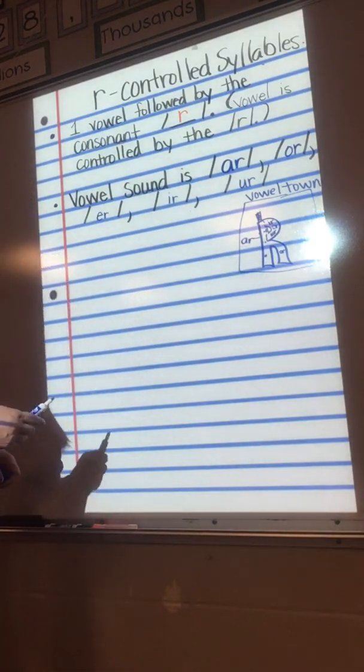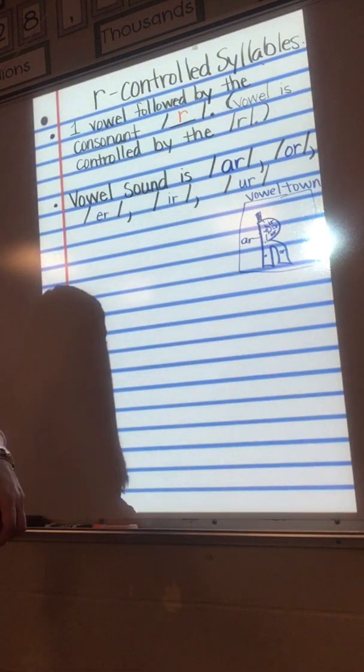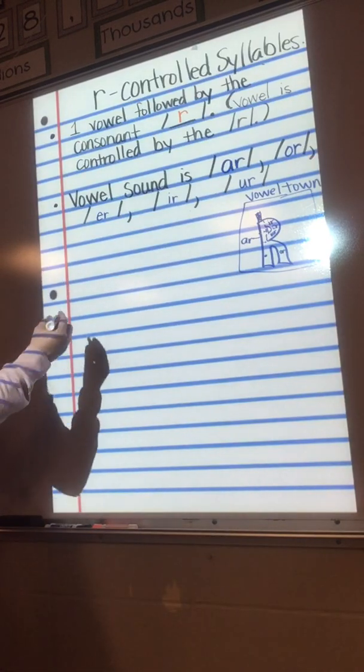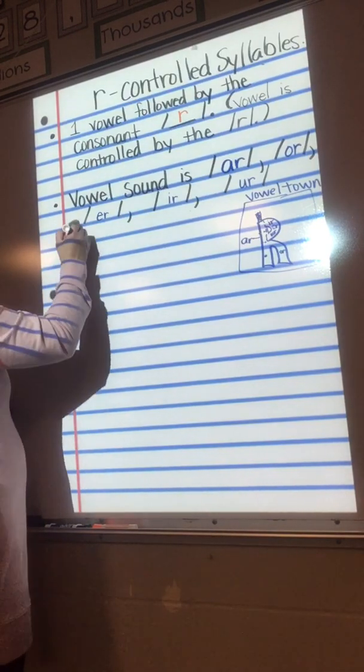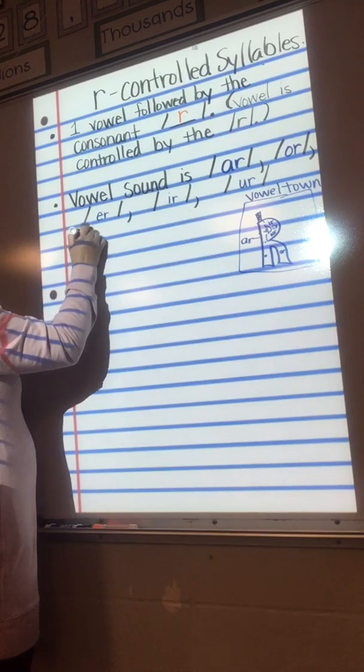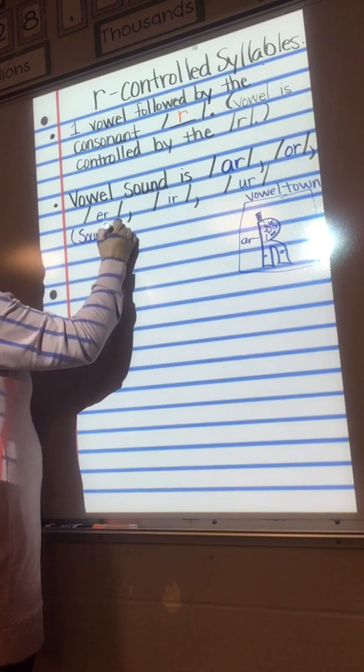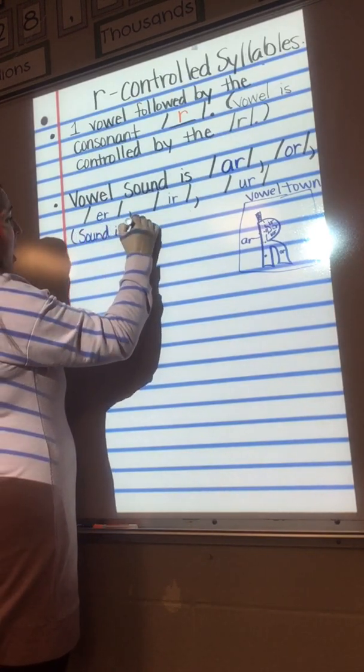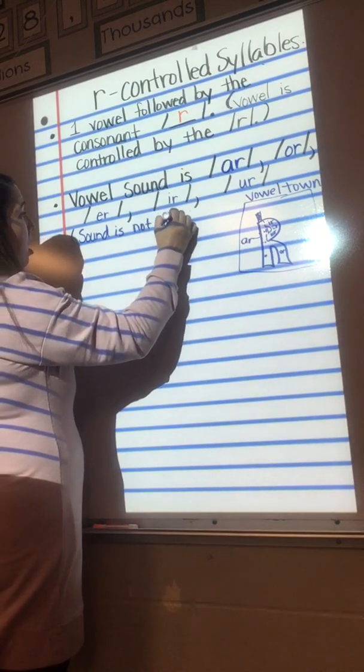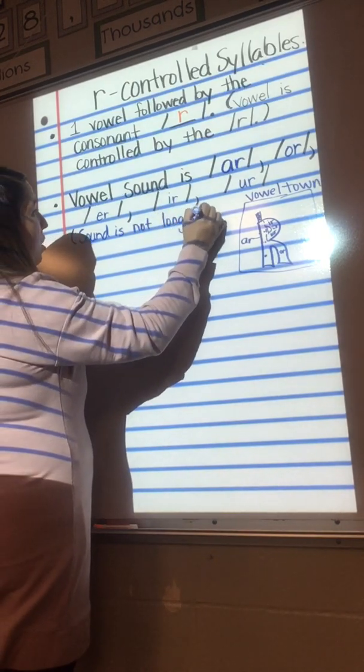Our next thing that's very important to know, and it's still connected to this, is that the sound is not long or short.